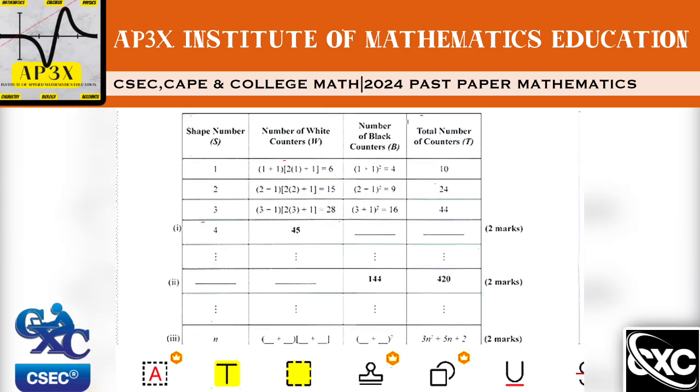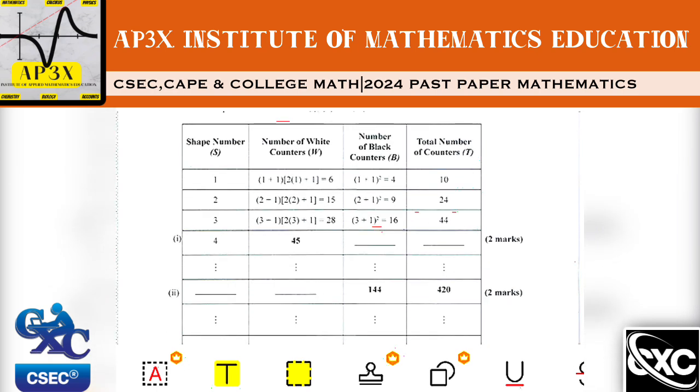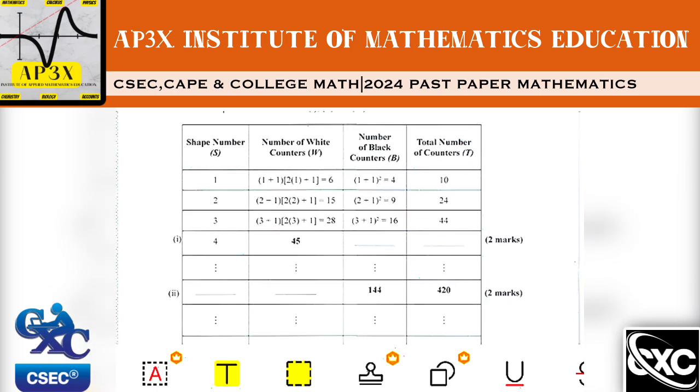All right, so let's see if we can pick up a pattern here, guys. Looking at this, it seems as if there are a couple of numbers that are repeating. See here, we have 1, 2, 3, which pretty much matches the numbers over here. That's the first thing that I saw.